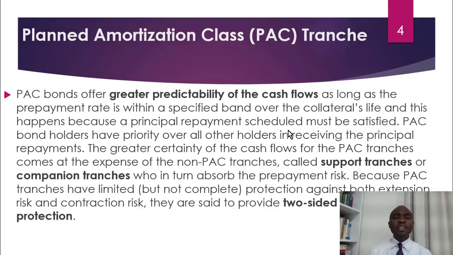A planned amortization class bond or planned amortization class tranche, sometimes we call it a PAC bond, offers what you call greater predictability of the cash flows, which you don't find in the case of sequential pay tranche. You notice that in sequential pay tranche, some tranches are paid much earlier, some other ones are paid much later. And prepayment speeds can play a lot of roles.